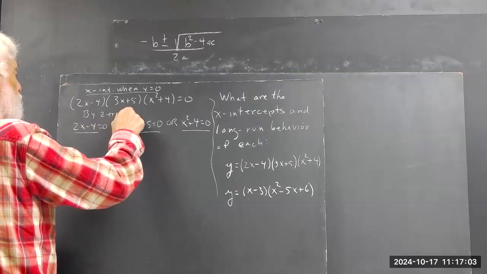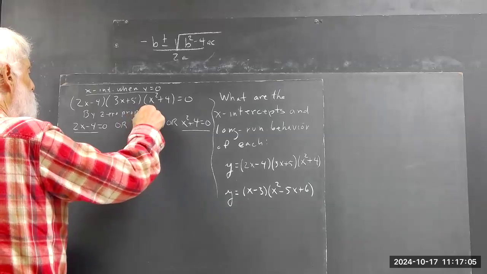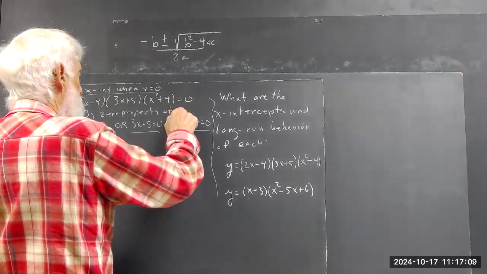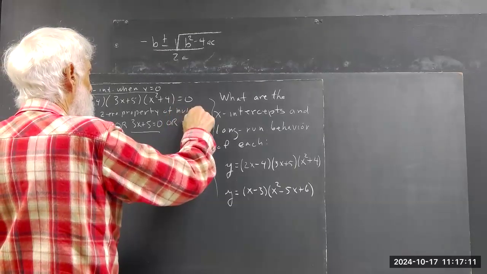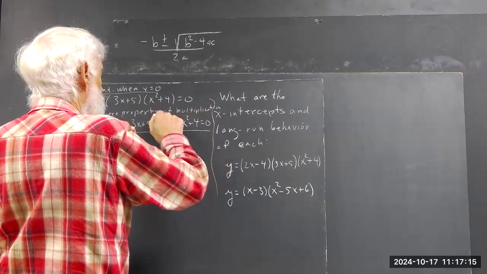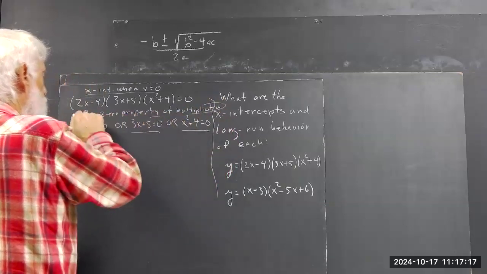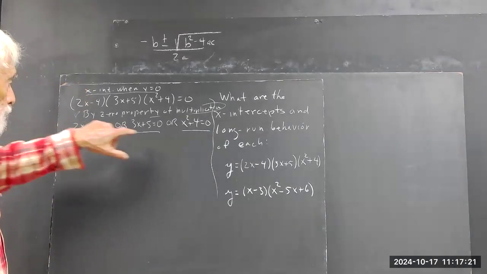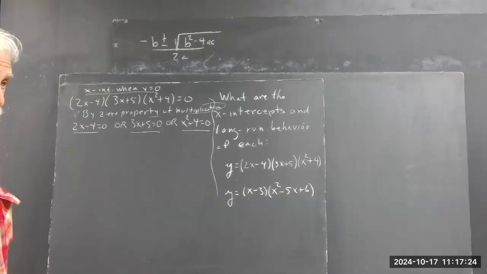And that's by the 0th property of multiplication. I'm writing the words next to it. By the 0th property of multiplication, this is equivalent to this or this or this.